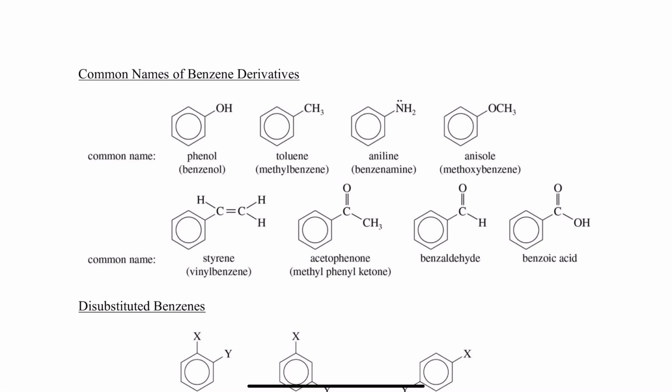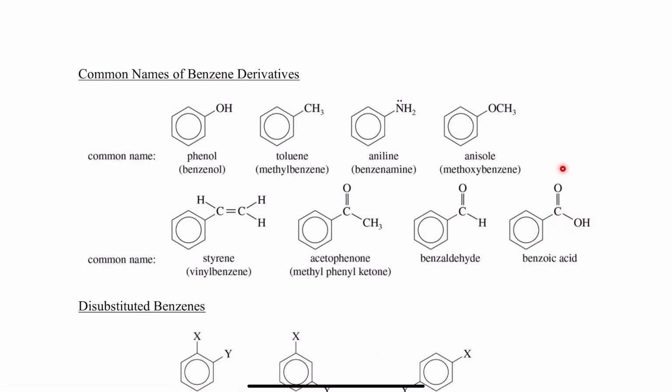Whenever we have a vinyl group as our substituent, this right here is what we call a vinyl group. This is styrene. Here, we could see that this is a ketone. This is one of our functional groups. And so this is acetophenone: ketone, acetophenone. That makes sense. Here we have an aldehyde, that hydrogen coming directly off of the carbonyl group. Benzaldehyde, that one's easy.